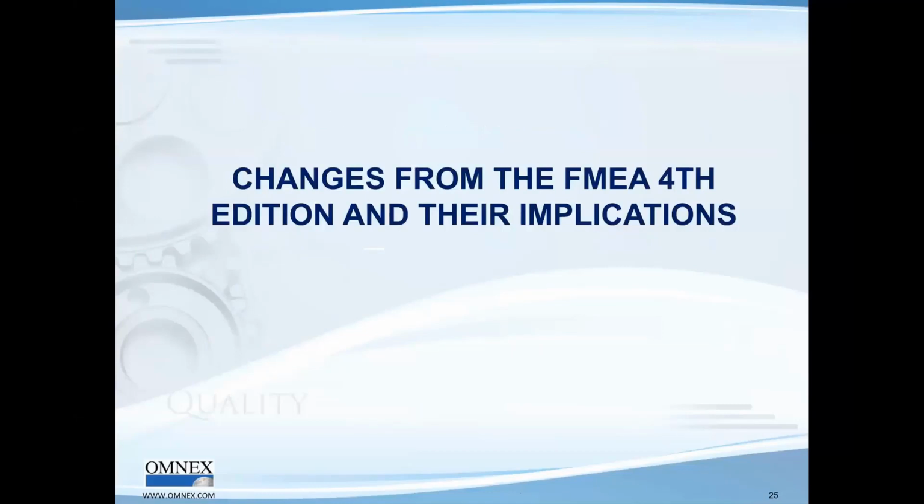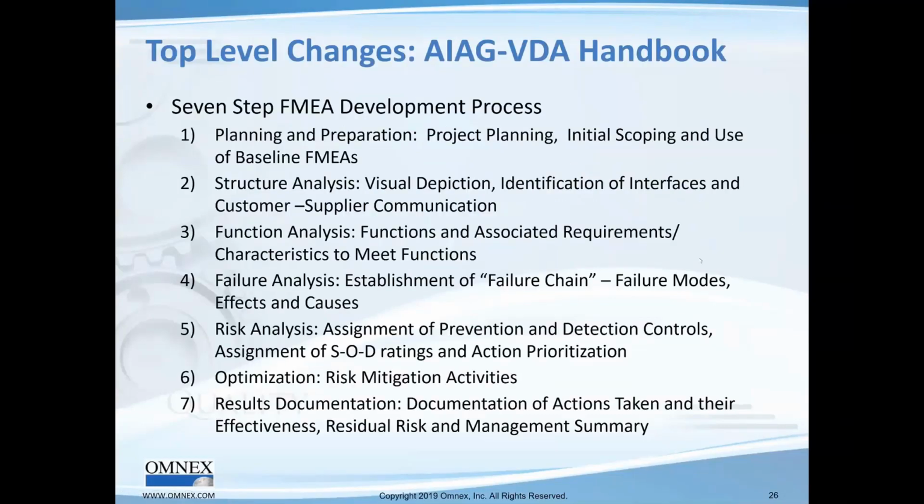All right. So let's move to the next section then, talking about the changes from the FMEA 4th edition and the implications of it. So folks, some important things here, and I'll start going deeper into the AIAG VDA handbook as we go through the 7 steps.